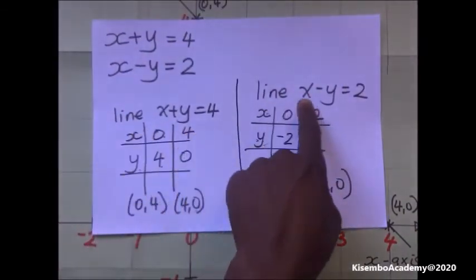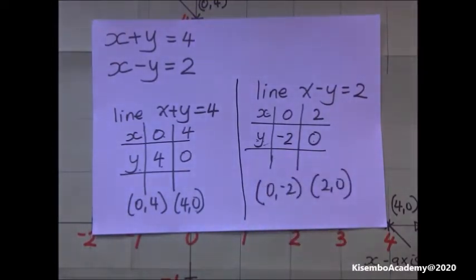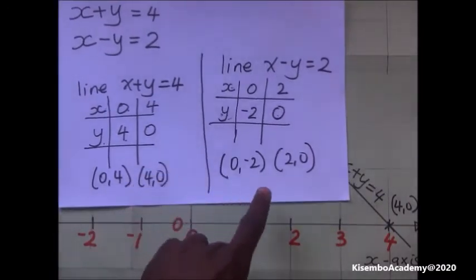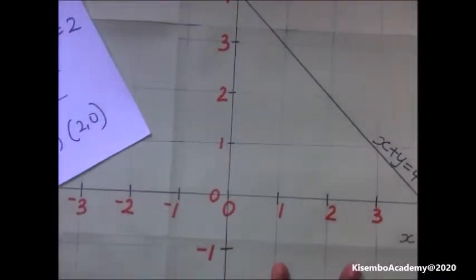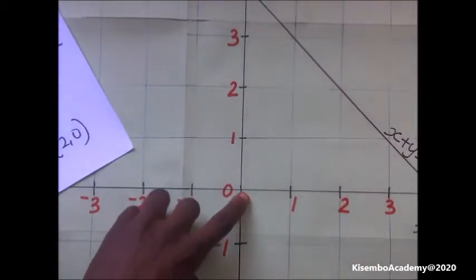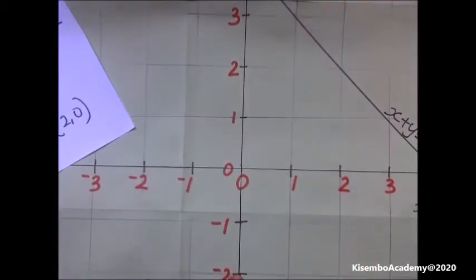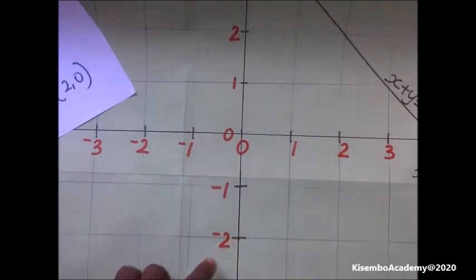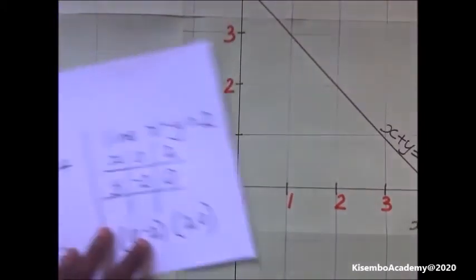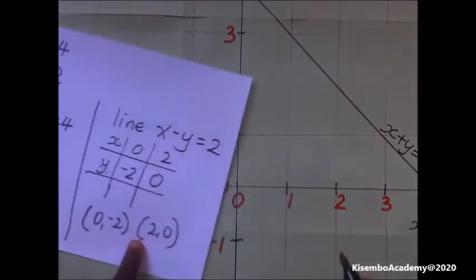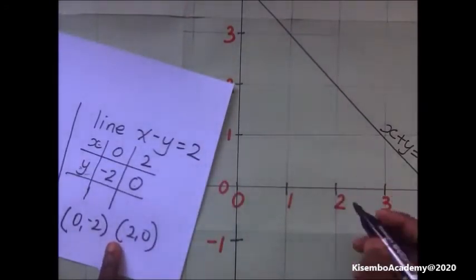So we draw this other line, x minus y is equal to 2. It has coordinates 0 comma negative 2. So we look for the coordinate 0 comma negative 2. It is right here down. And then we have coordinates 2 comma 0. 2 comma 0 is right there.